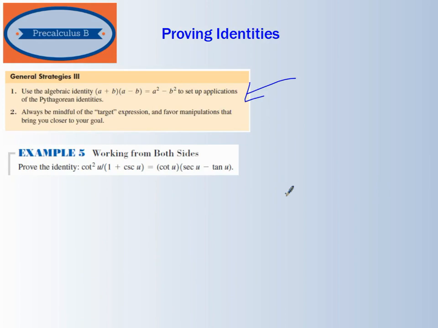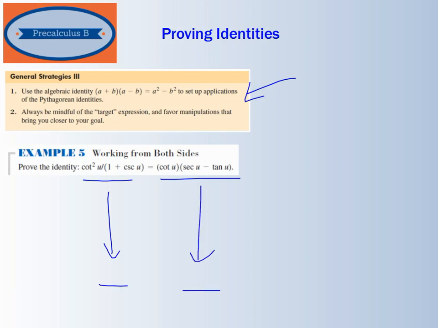All right, so in this last example, we're going to look at how you can work from both sides. Sometimes I might not know where to go and might not be able to make it all the way with just the left-hand side. I might not be able to go with just the right-hand side. They're both complicated. But what if I work the left-hand side to something and I work the right-hand side, and I get the same value?